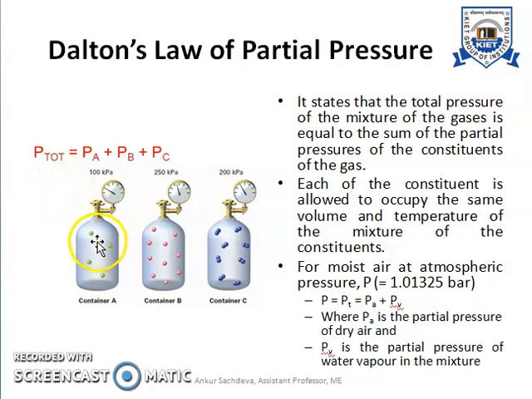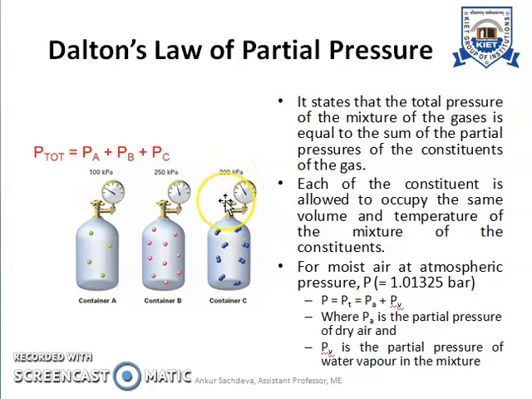The pressure indicated by the pressure gauge for gas A is 100 kilopascal, the pressure exerted by gas B in container B is 250 kilopascal, and the pressure exerted by gas C in container C is 200 kilopascal.